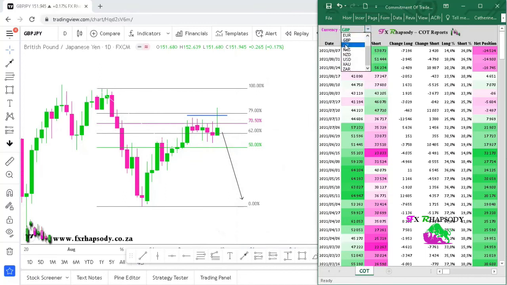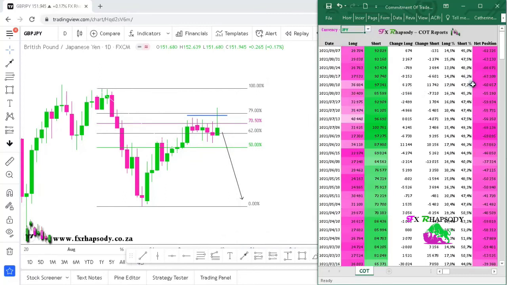On the Japanese yen side, the yen has been in this big negative for a very long time. Everybody's anticipating the yen to get stronger. We can also see it went from a negative 66,000 to a negative 63,000, now a negative 62,000. So it looks like slowly but surely a lot more longs are being placed in the market and shorts are being closed.